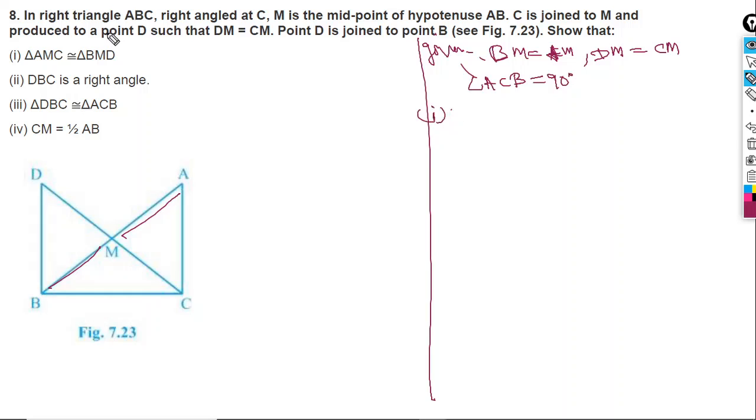Now (i). So we have four different proofs. In (i), (ii), (iii) and (iv), first we will prove (i). What do we want to prove? Triangle AMC and triangle BMD.